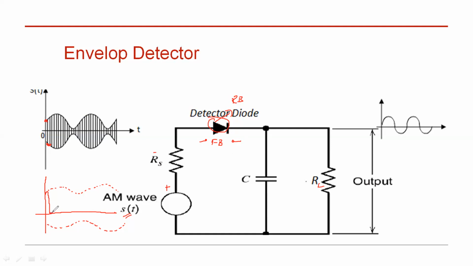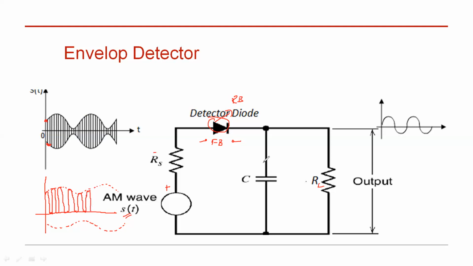Once again, during the positive half cycle there is an output, and this is how the wave continues. During the positive half cycle of the modulated wave I am getting the output. During the negative half cycle, since the diode is reverse biased, it acts as an open switch and I will not be getting the output.